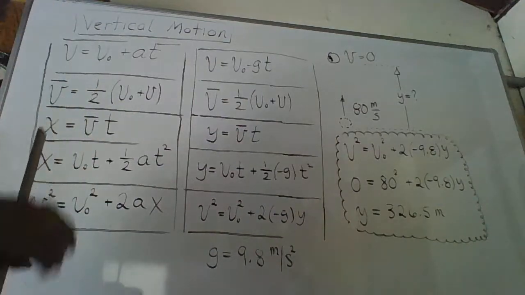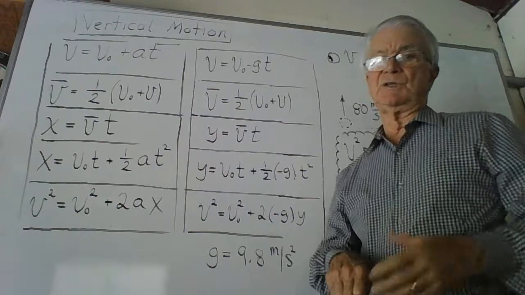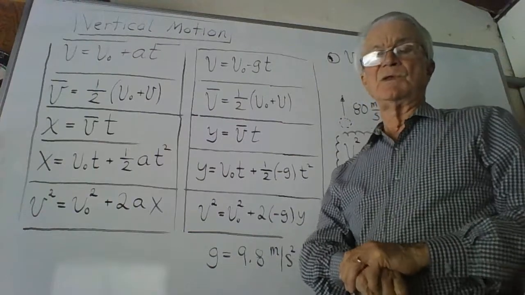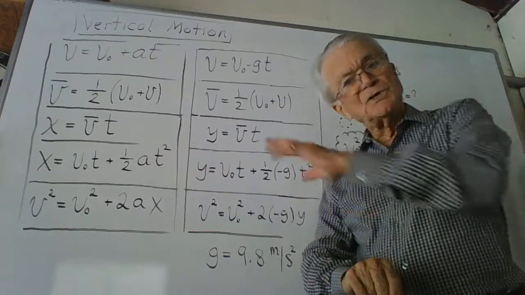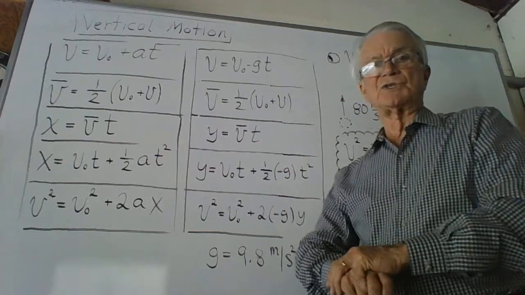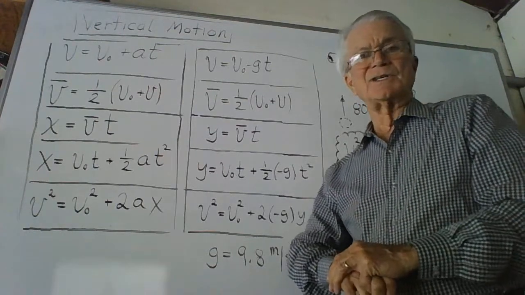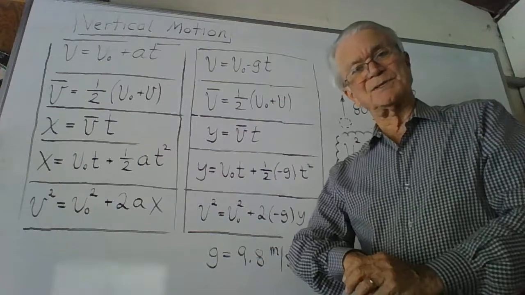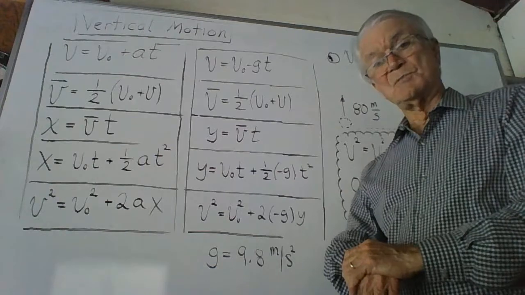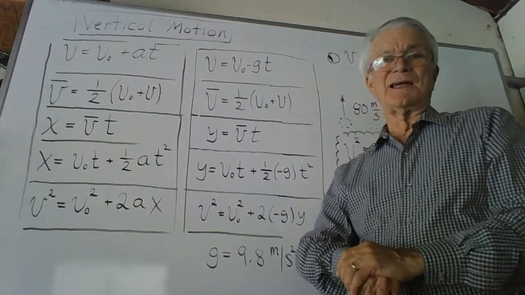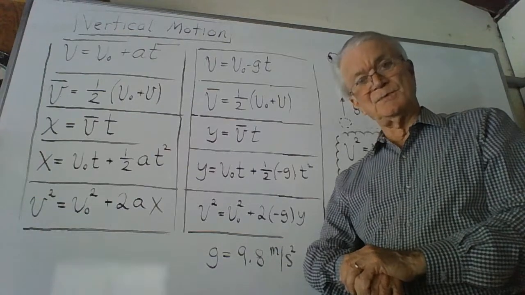All of the problems that you may have already encountered, either in the notes or in the practice problem list or in the sample examination, you can translate into language that relates to vertical motion and then copy down whatever line of logic and equations you use to solve those problems, translate them into symbols that relate to vertical motion, and you'll arrive at the answer just as easily, or not so easily, as you did for those other problems.